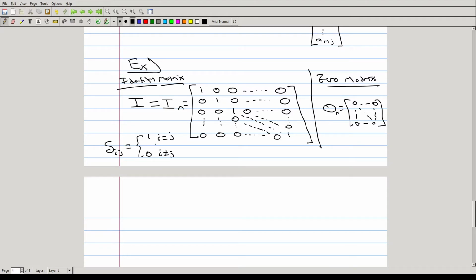And this is related to the membership function that I talked about before. It's only ones along the diagonal when you have the same row as you do column.